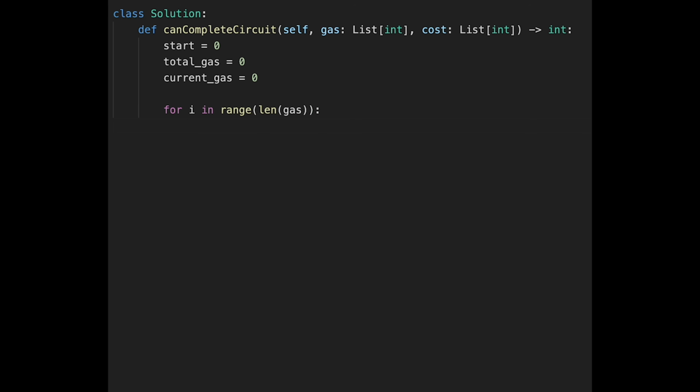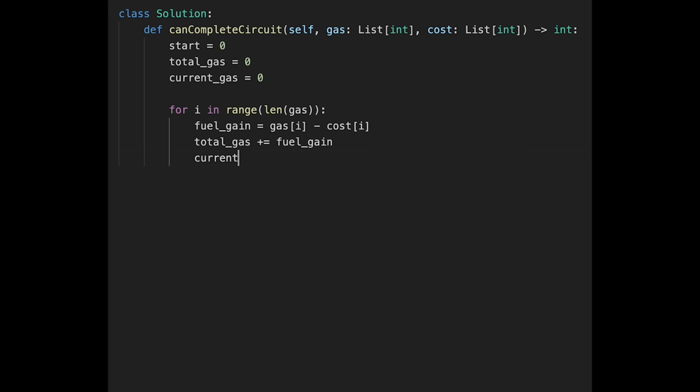Let's say fuel gain equals gas at the current index minus cost at the current index. And then add fuel gain to total gas and current gas. So total gas plus equals fuel gain, and current gas plus equals fuel gain.